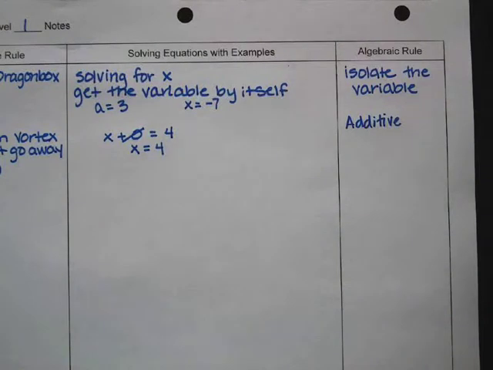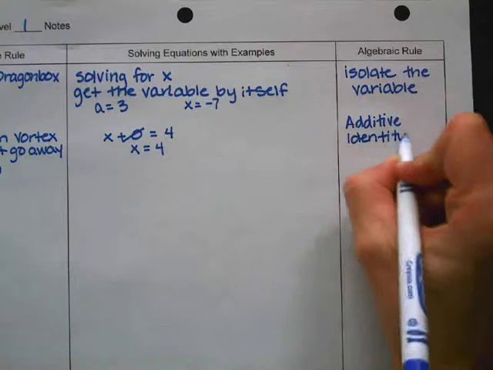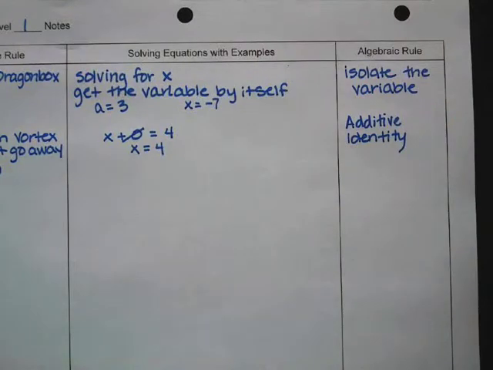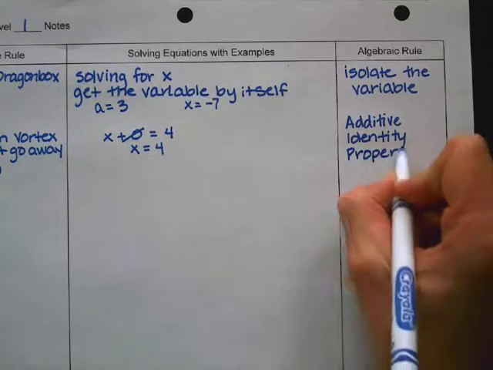Additive means we are adding. So I was adding zeros to Jasmine. Jasmine stayed Jasmine, even though I added 3 zeros to her. So it's the additive identity. No matter what I add a 0 to, it will keep its own identity. So the additive identity property.